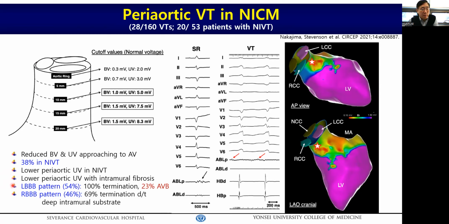In case of LBBB pattern, it was easy to terminate, but shows a high chance of heart block. LBBB means it comes from septal side and nearby the conduction system. In contrast, in case with RBBB pattern, the VT target exists more laterally and shows only 70% chance of termination due to deep intramural substrate.